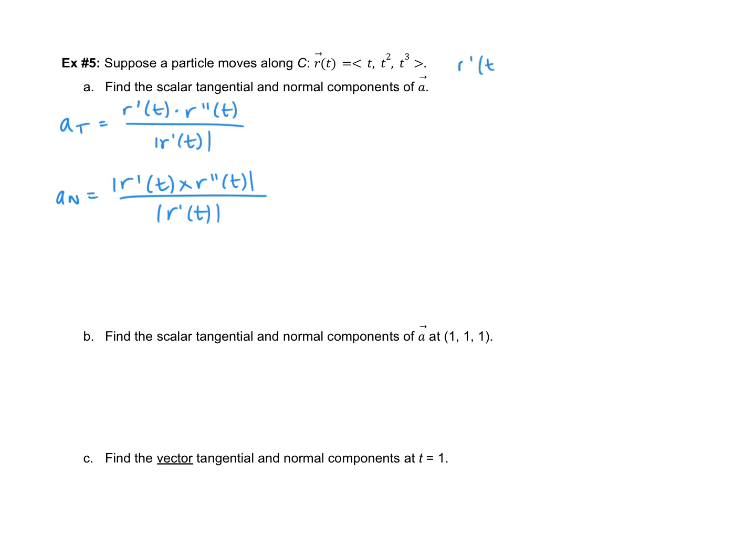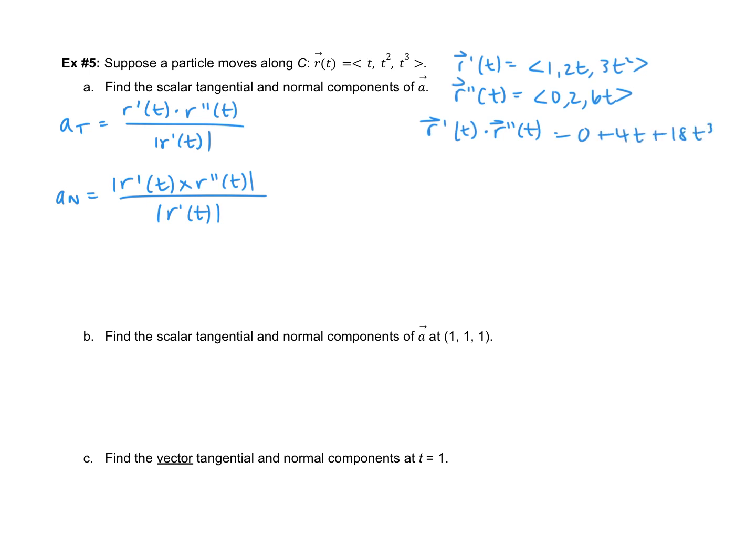So our first derivative is going to be 1, 2t, 3t squared. Our second derivative is 0, 2, 6t. Okay, so I'm going to have to take the dot product of these. So r prime dotted with r double prime is going to be 0, add 4t, add 18t to the third.